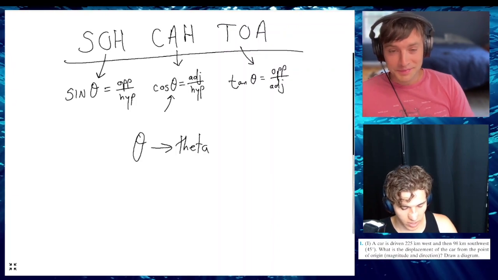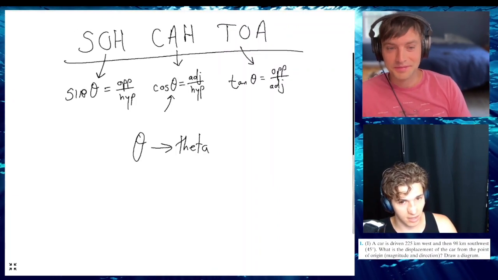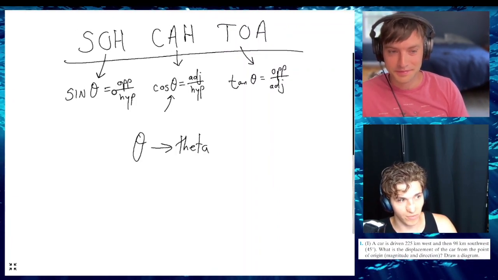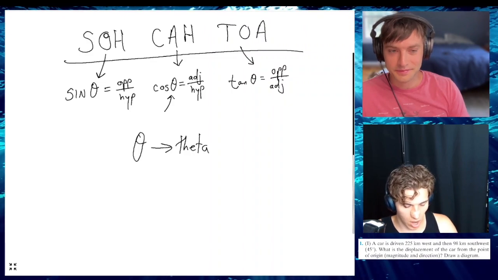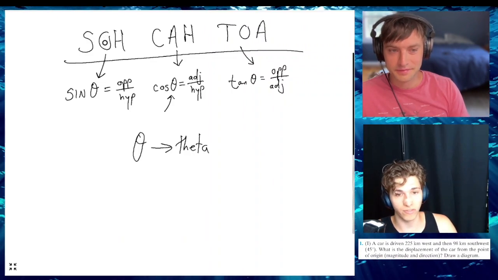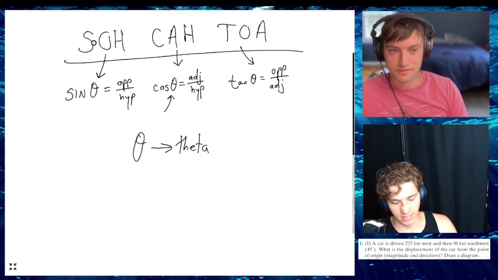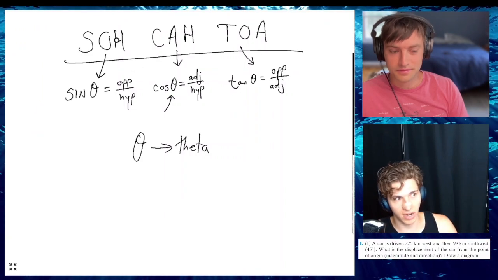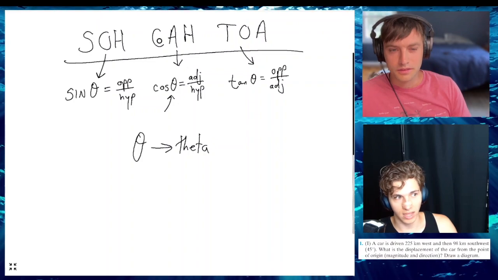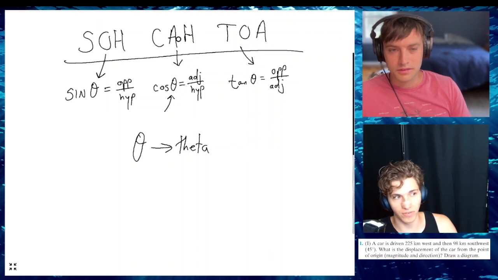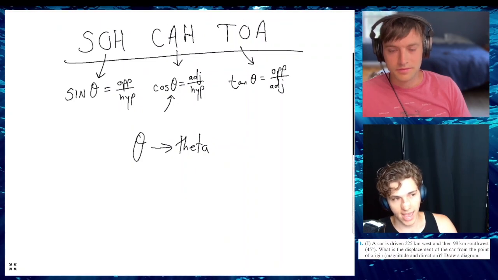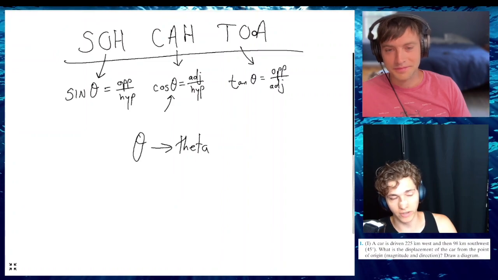So notice, in sine theta equals opposite over hypotenuse, the O in SO is for opposite, and the H is for hypotenuse. Sine equals opposite over hypotenuse. Cosine equals adjacent over hypotenuse. Tan equals opposite over adjacent.